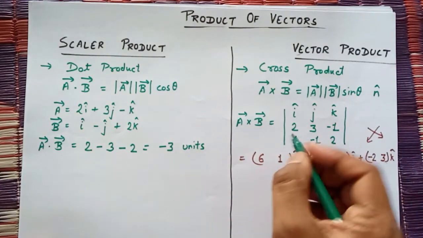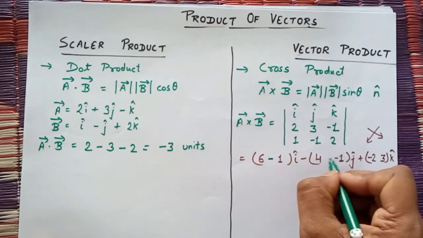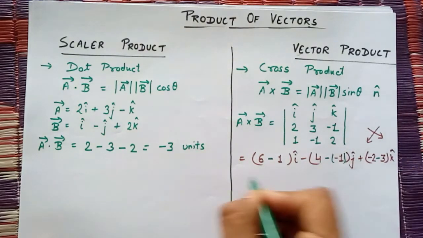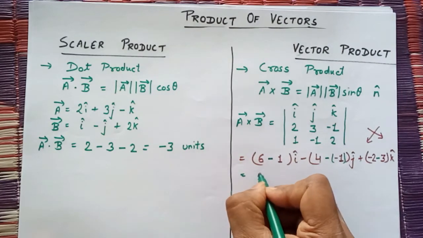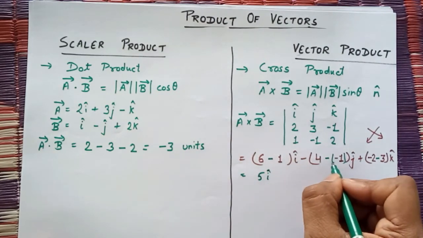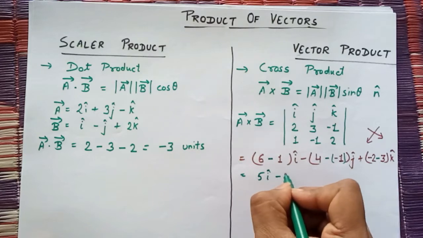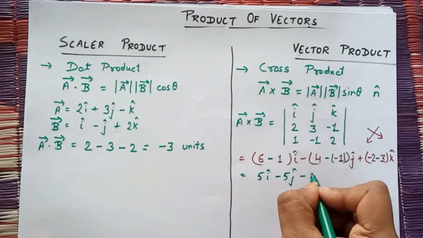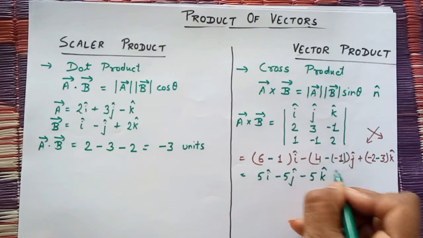Then put a negative sign in between and then solve it. 6 minus 1 is 5 i cap. Similarly this will be minus 5 j cap and this will be minus 5 k cap.